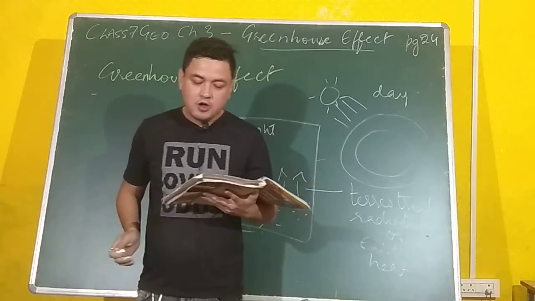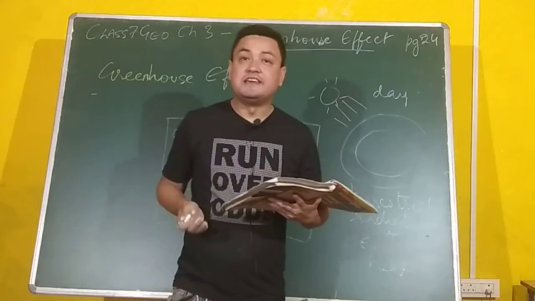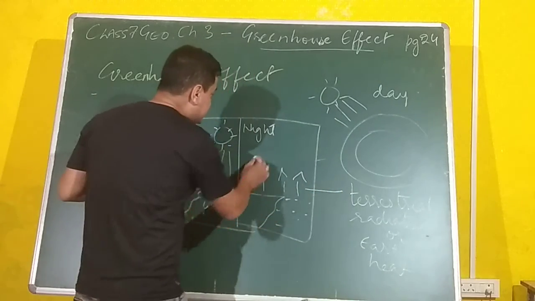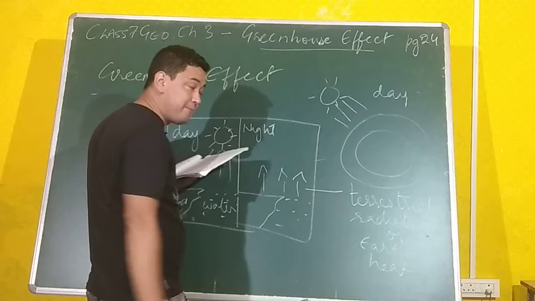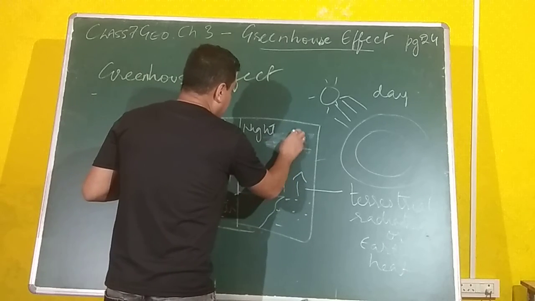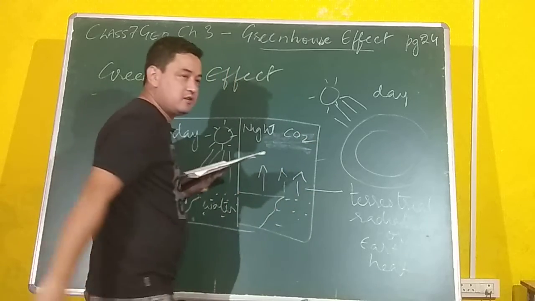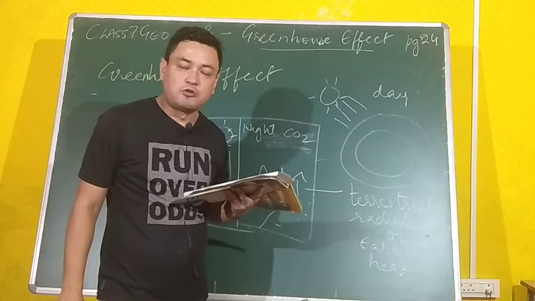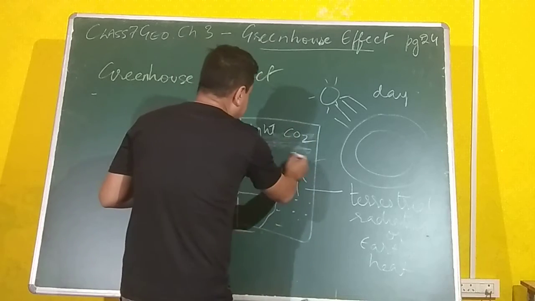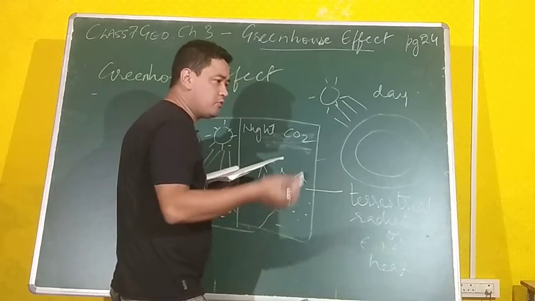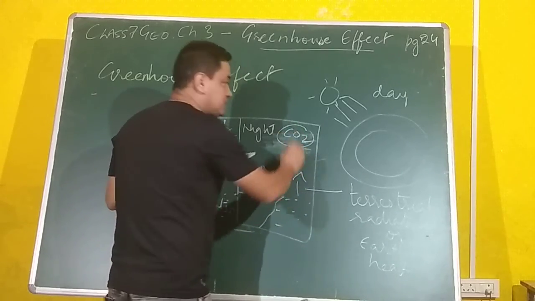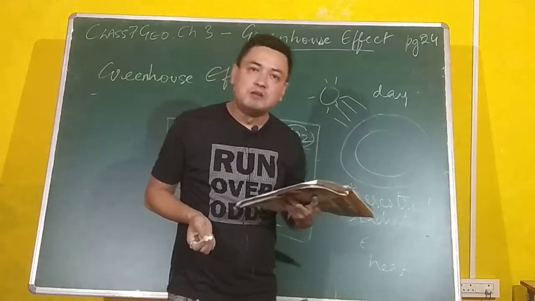But some of this heat is absorbed by the greenhouse gases. During the night time, this heat has to escape, but it gets absorbed in the atmosphere by gases like carbon dioxide, chlorofluorocarbon and nitrogen oxide. The main gas which traps the heat of the Earth during the night is carbon dioxide, which is caused by pollution.